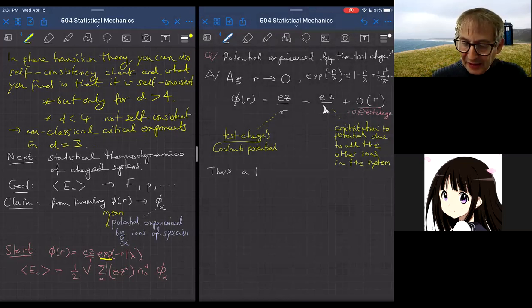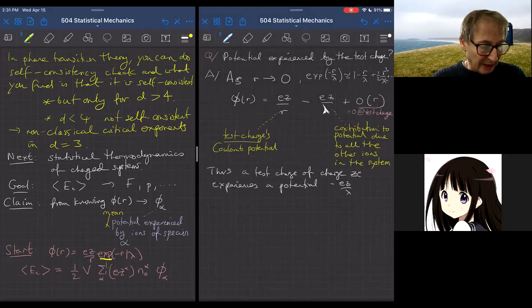Thus, a test charge of charge Z experiences a potential minus Ez over lambda, so let's call it Z times E, due to all the other charges in the system.